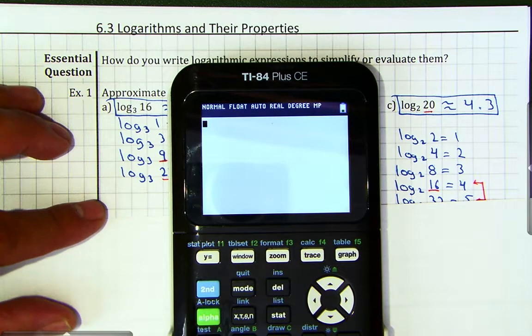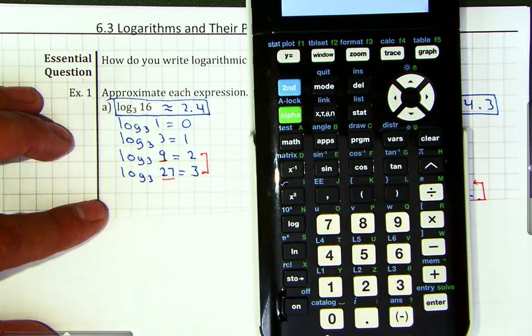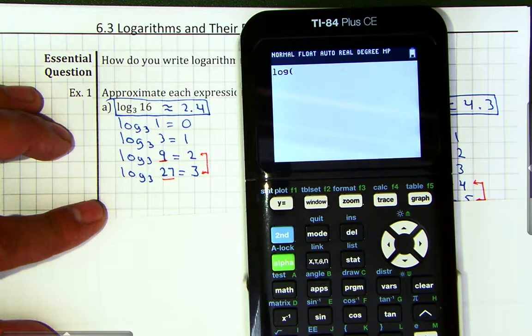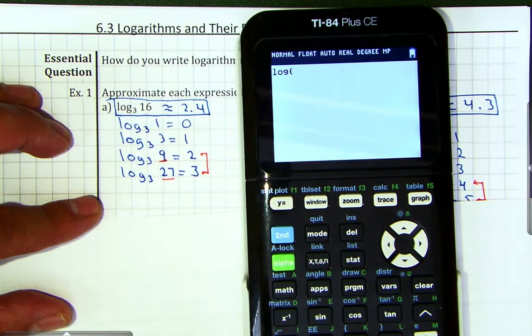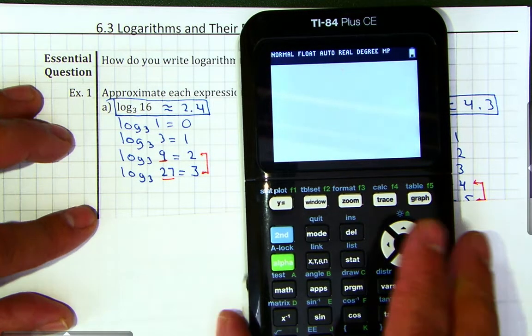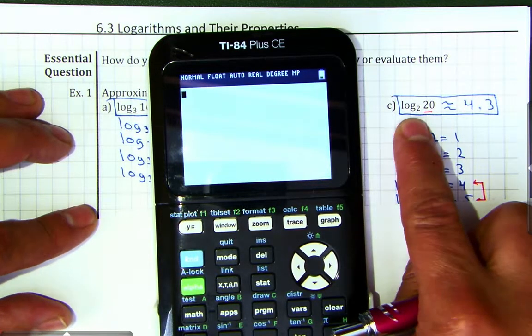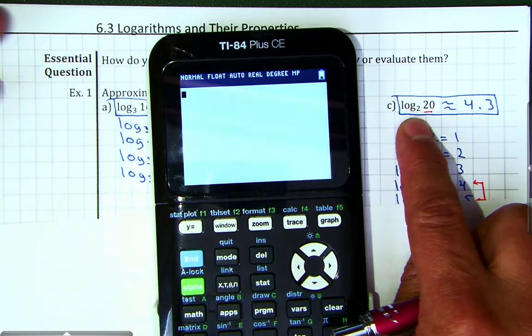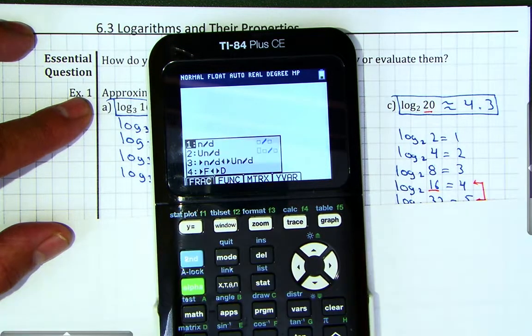So notice that your calculator only has log. And what is the base for this log? 10. So before you were not able to type this into the calculators, but lately they've been programming them. So I'll click alpha y.